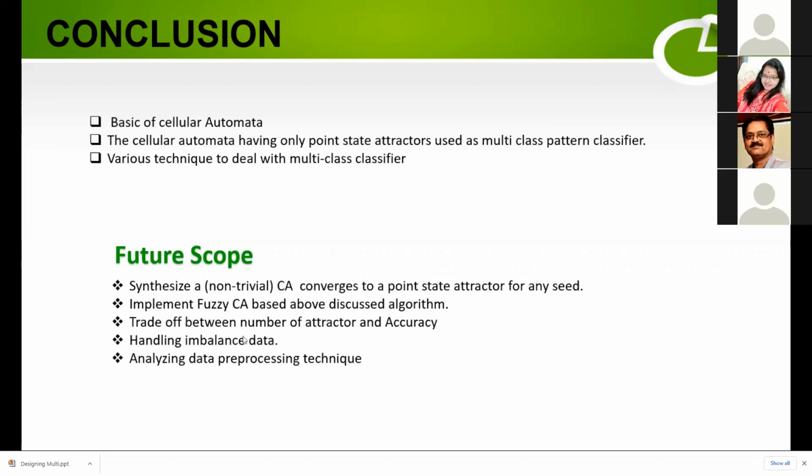Handling imbalanced data sets using the CA-based pattern classifier is also an open problem, as is whether different pre-processing techniques affect the accuracy of the CA-based classifier or not.